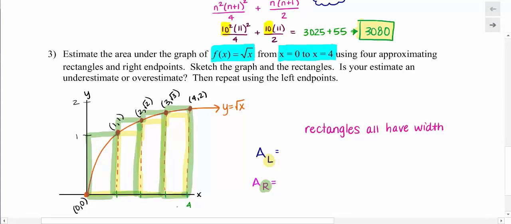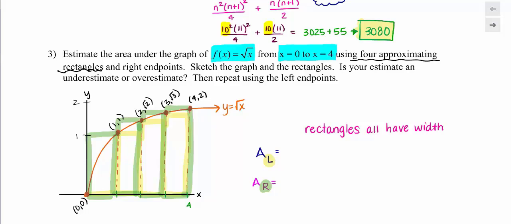Okay, so the first thing they ask you to do is estimate the area under this curve, and we're going to do this using rectangles. And it tells us using 4 approximating rectangles. These rectangles are certainly approximating because they're used to estimate the area of something that is curved, and a rectangle certainly is not curved.